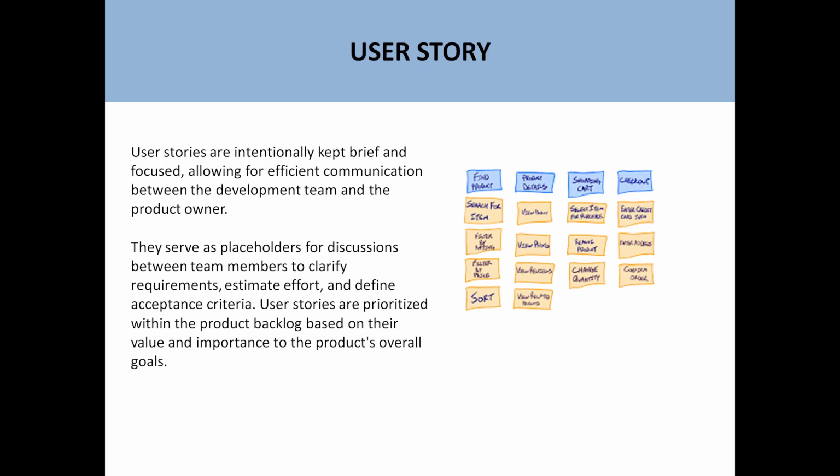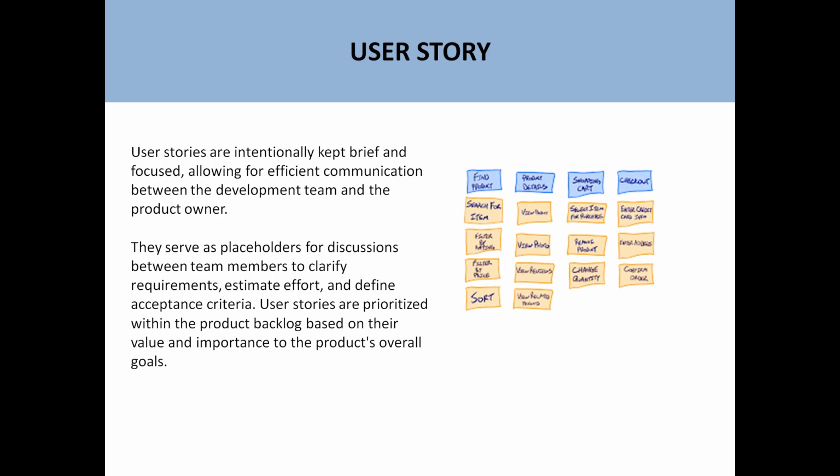If user stories are brief, concise, and to the point, it is beneficial for the product team as well. They serve as a placeholder for discussions between team members to clarify requirements, estimate the effort, and define acceptance criteria.